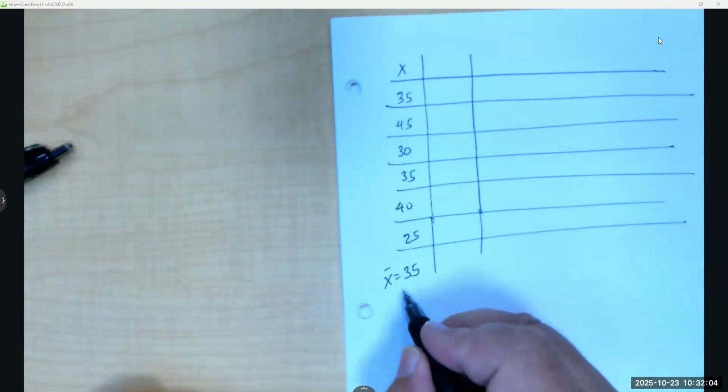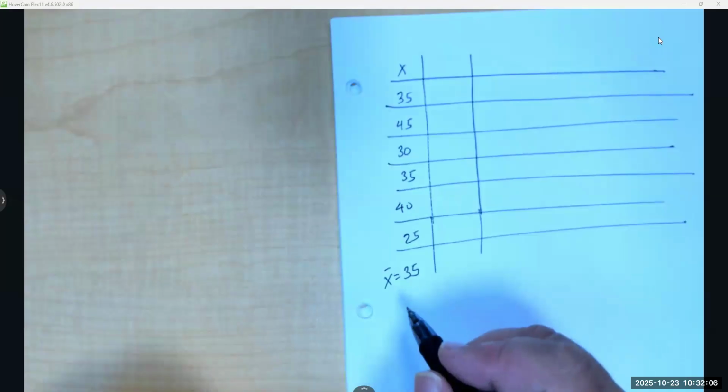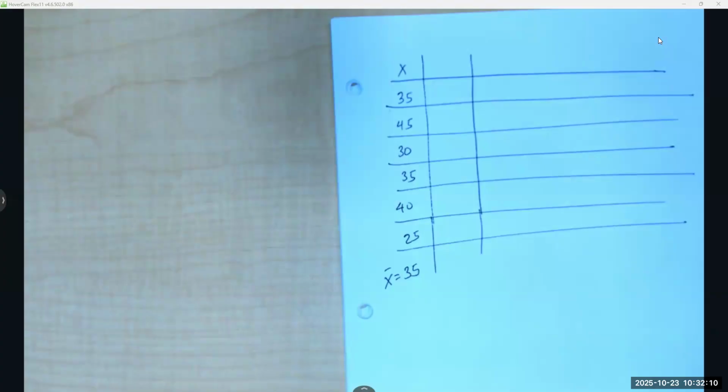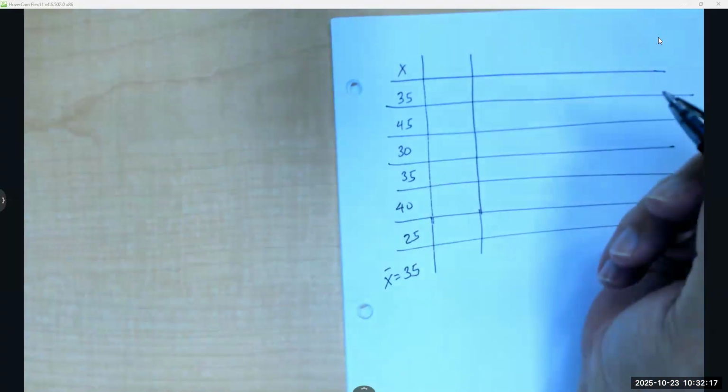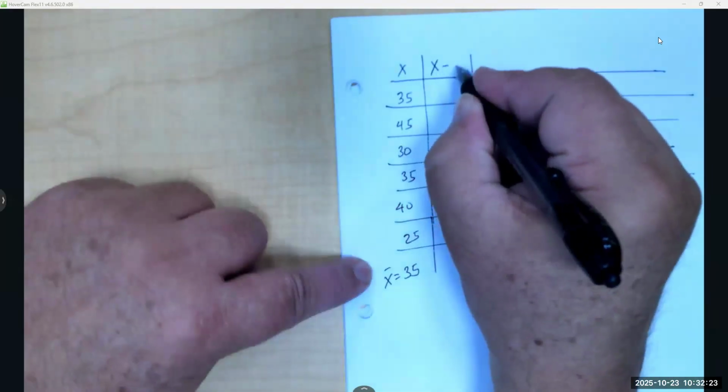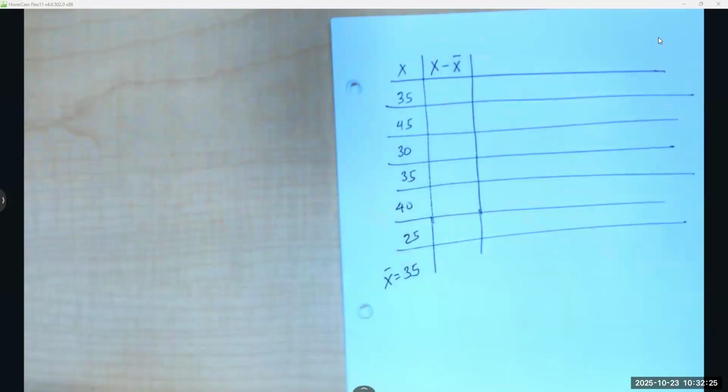So what we're looking at now, since we know the average is the same as the other one, we'll see how far these numbers are away from the average. How do we find that? Subtract, yes. So we take our data, each one of these, and subtract the average from it. You see how far on average it is away from there.